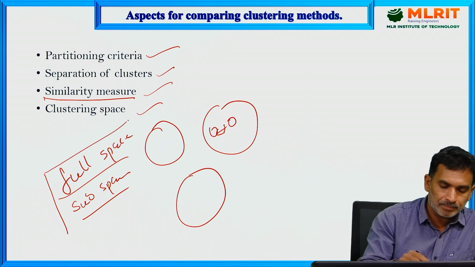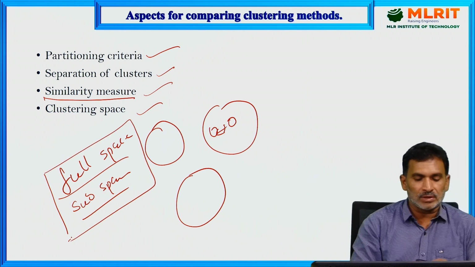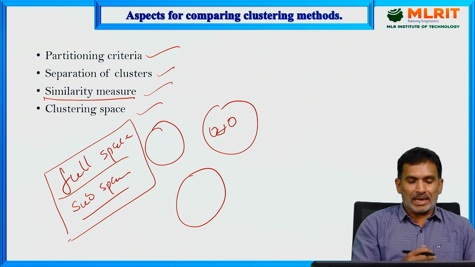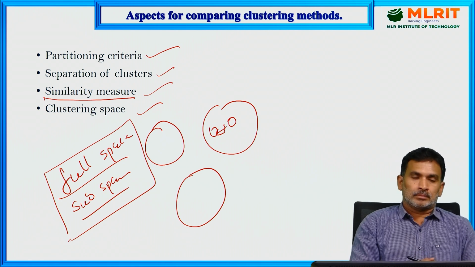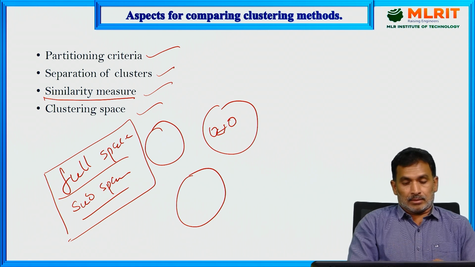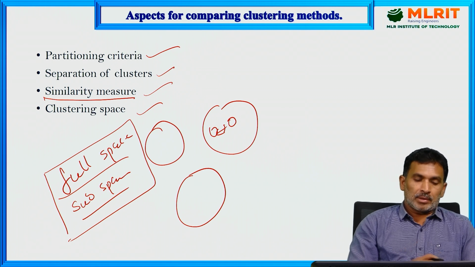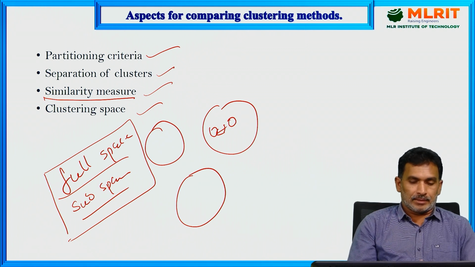Most of the time we may not use the full space because that is prohibitively expensive, as we discussed in association rule mining, with the number of one item sets, two item sets and so on, and how costly that process is.